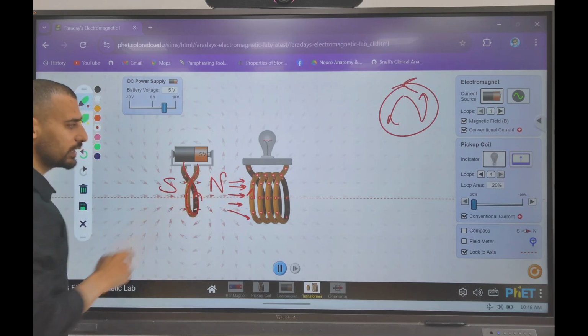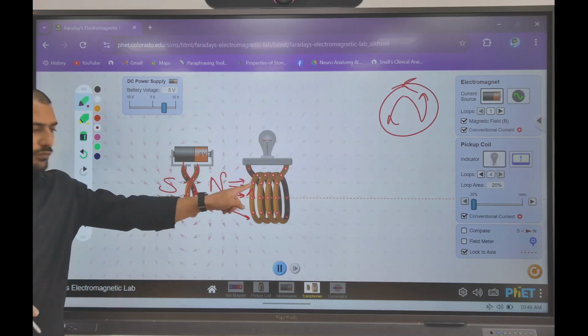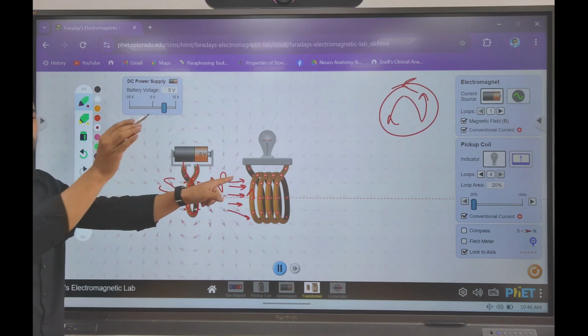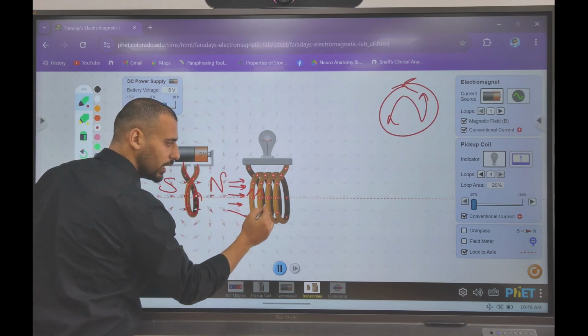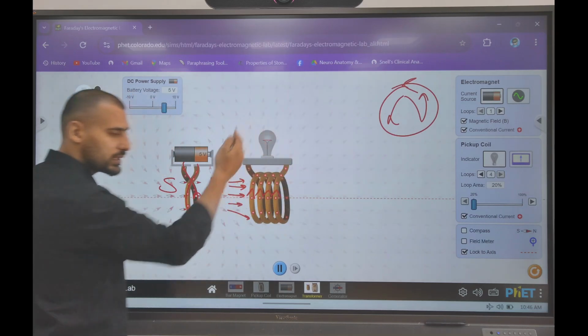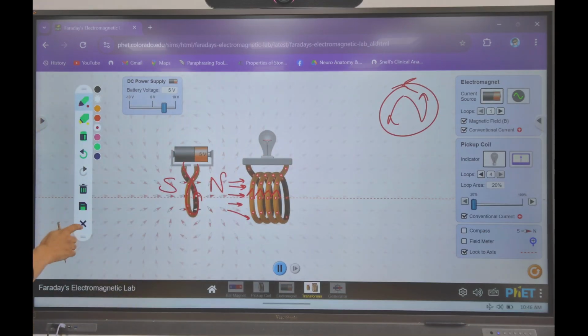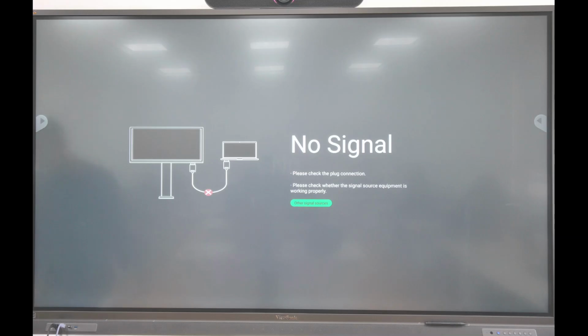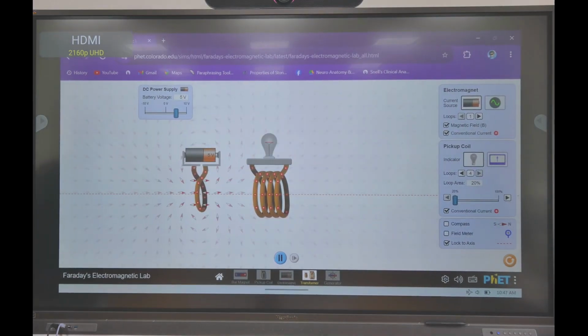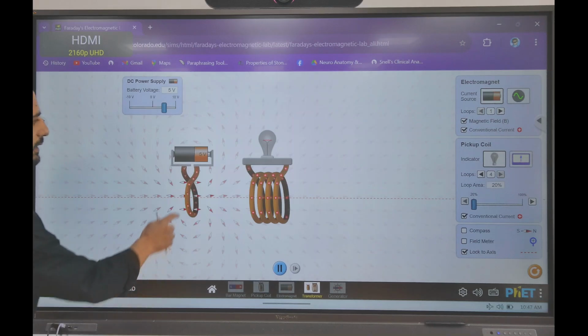Now see the motion of the electrons. When I take it towards it, the motion of the current will be something like this. That means like this, it will go up. These positive charges will go up. See, is that happening or not? Yeah, see?